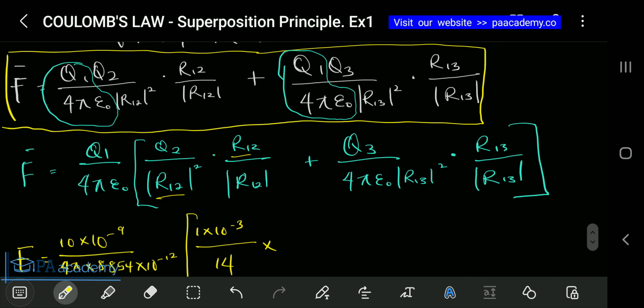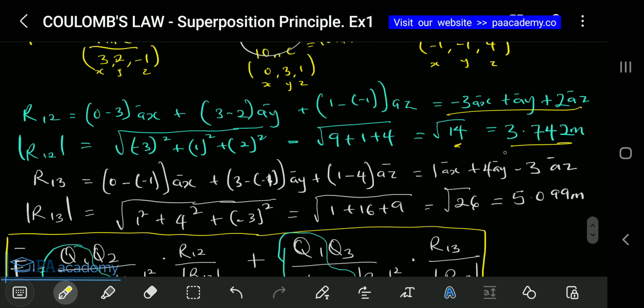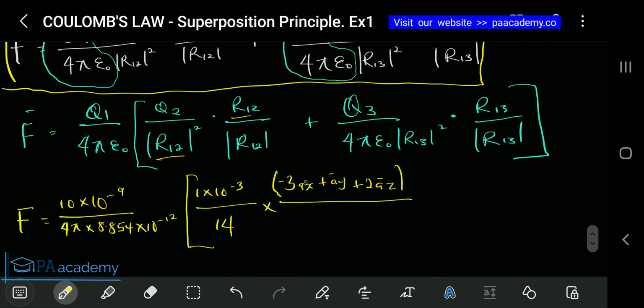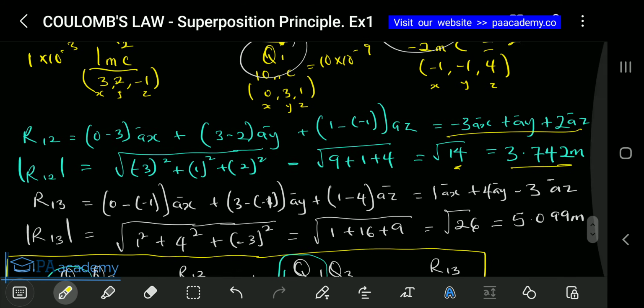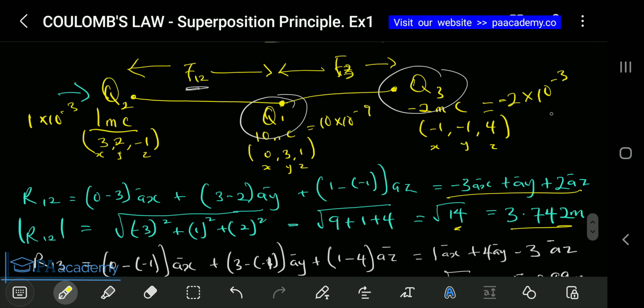Let me put that in bracket, minus 3 ax plus ay plus 2az, then over the magnitude of r12, so 3.742. So then plus, all right, our q3 is minus 2 times 10 to the power minus 3.